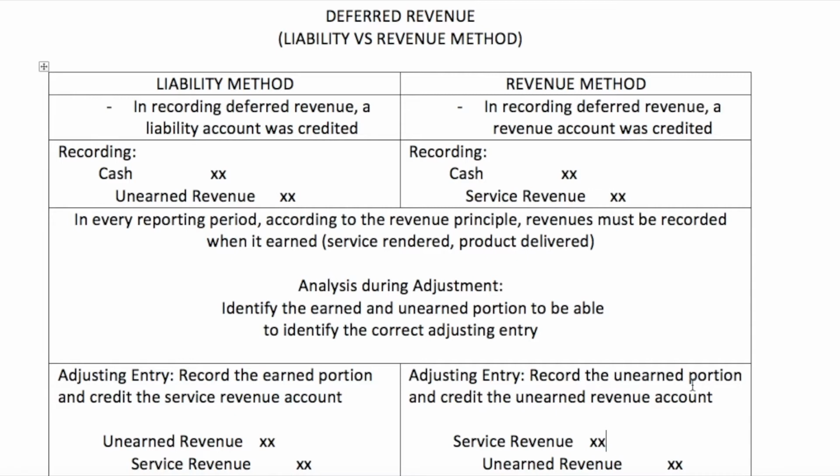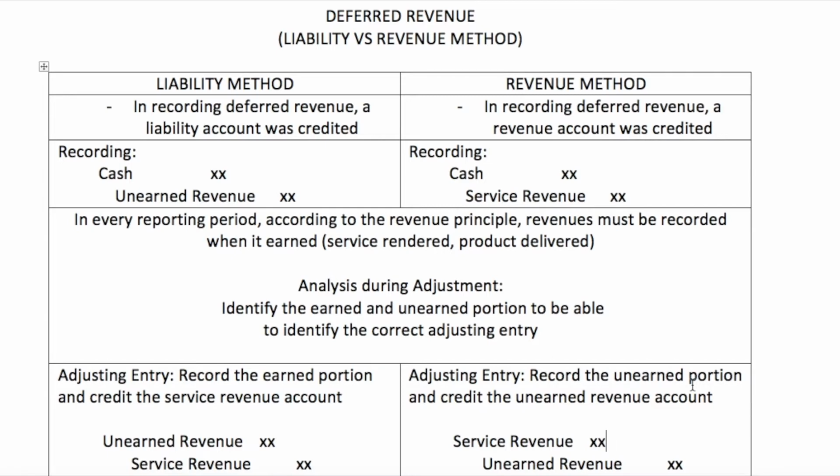In deferred, meaning there is cash involved already. So if it's a deferred revenue, I don't know what's the right pronunciation, but anyway, it doesn't matter. The deferred revenue would mean that you have already received the cash.